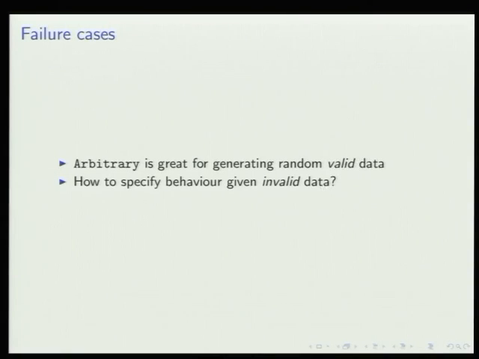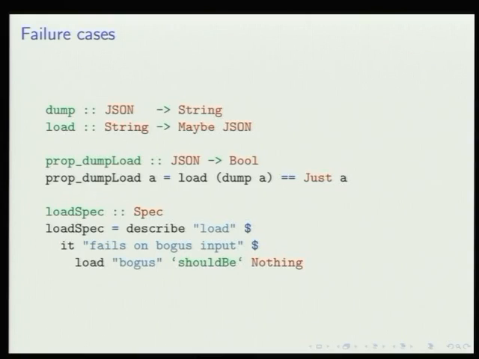Basically, example-based testing is the way to go with that. For this example with JSON encoding and decoding, a good property to specify would be that to dump a value to JSON and then load it back in should give you the same value. However, for the behavior of a parse function on invalid data, you don't have a way to just generate arbitrary invalid data, so you might just use an example-based test.